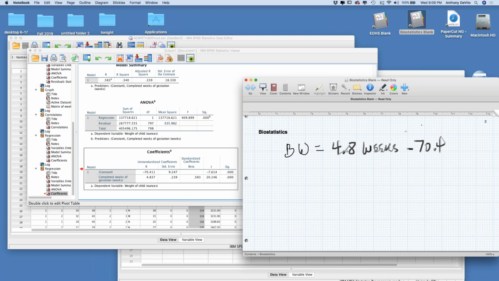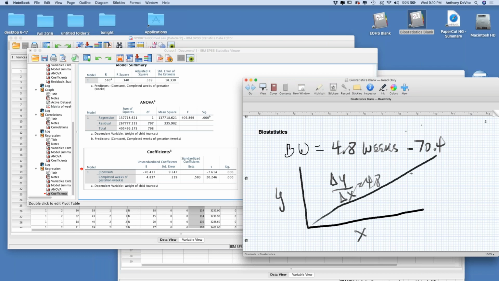Now, the really interesting thing here is that 4.8 is the slope. What does that mean? That means that the change in y over the change in x is equal to 4.8. So in other words, if the line looks something like this, for every one value I go up in x, in other words, for every extra week of pregnancy, how much does y increase?